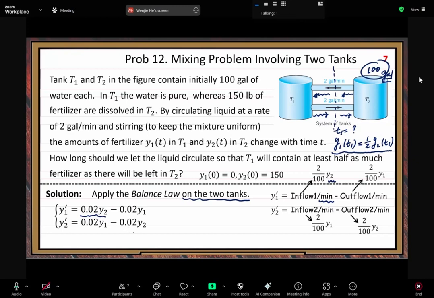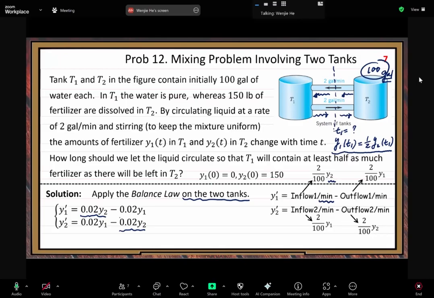First, by observation, can you see the special property? Positive 2% of y2, negative 2% of y2. If you add these two equations up, both sides, you have a cancellation, right? Positive, negative, same amount.